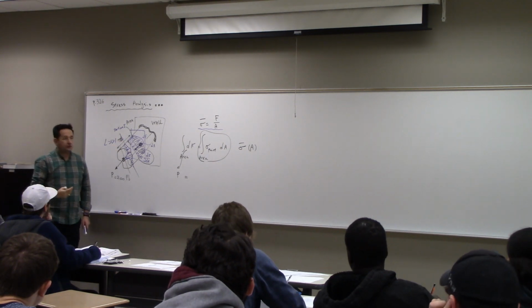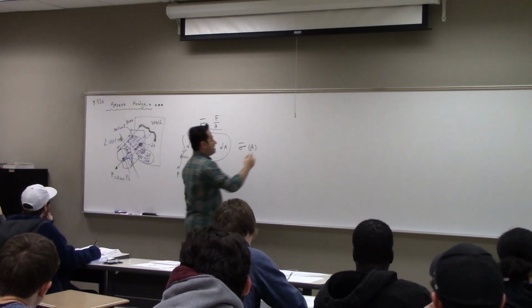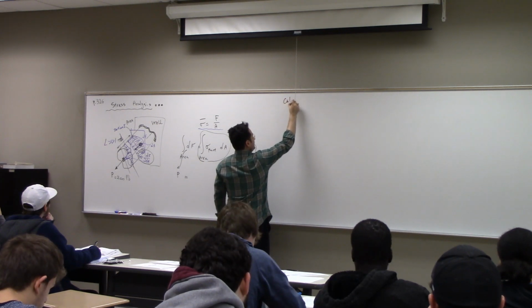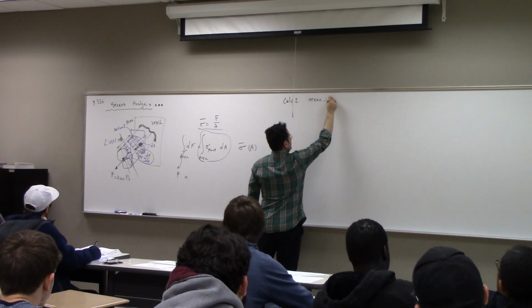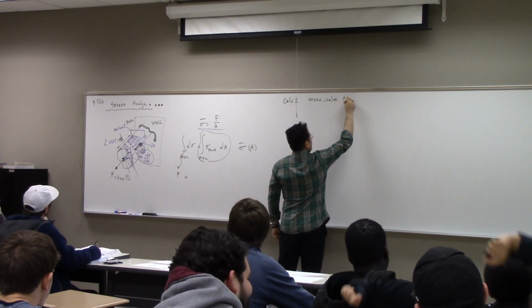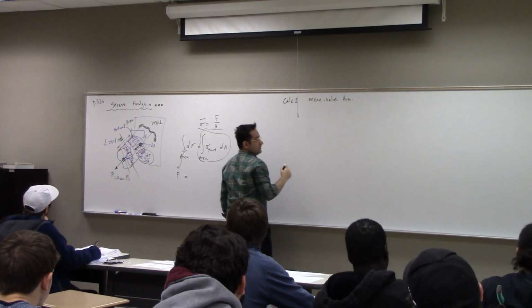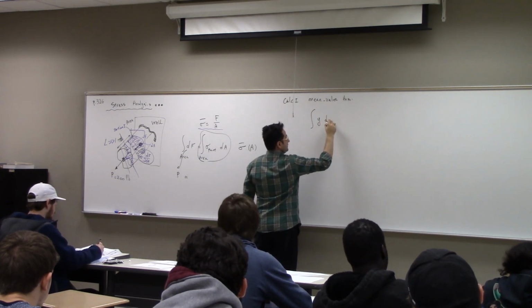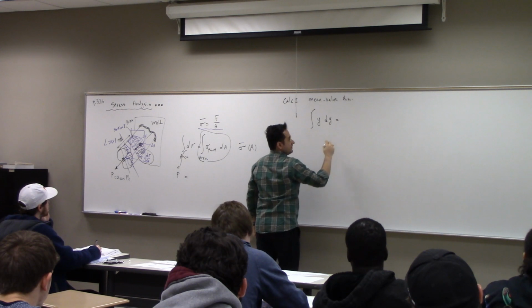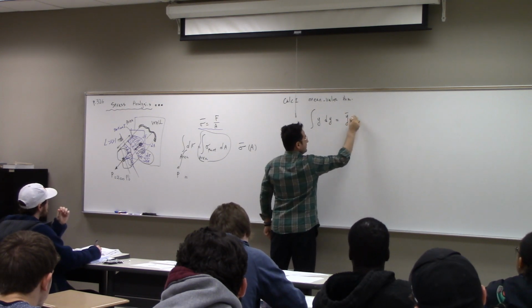But even if it's not uniform, there was a theorem in calculus 1, the mean value theorem, that says you can write any function as y bar times delta y.